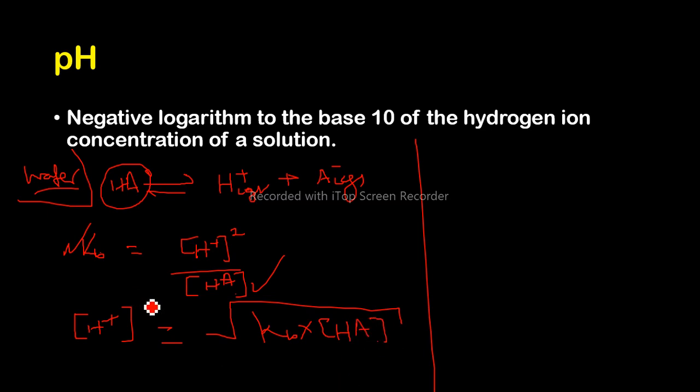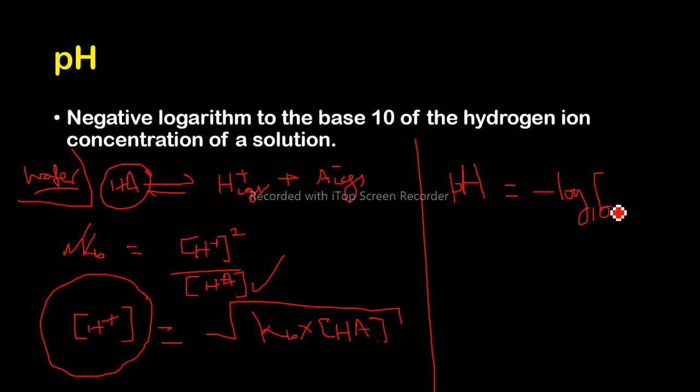After getting the concentration of hydrogen ions, your pH, which is potential hydrogen, is simply the negative log to base 10 of the concentration of hydrogen ions in that solution.